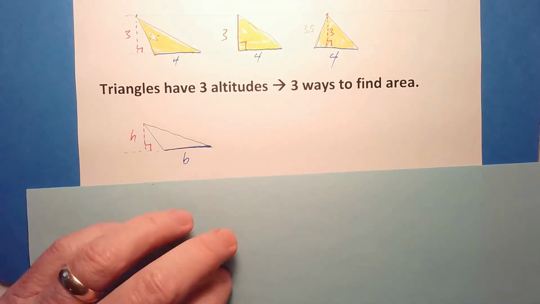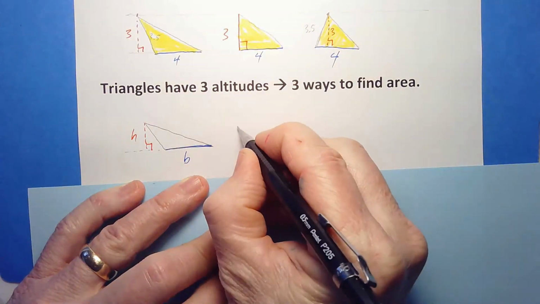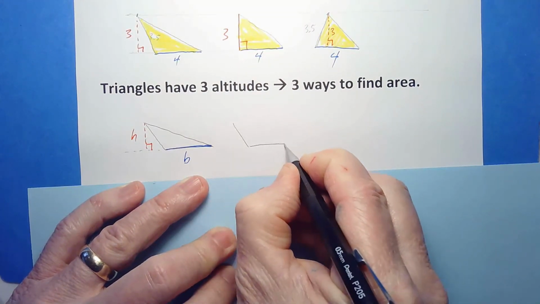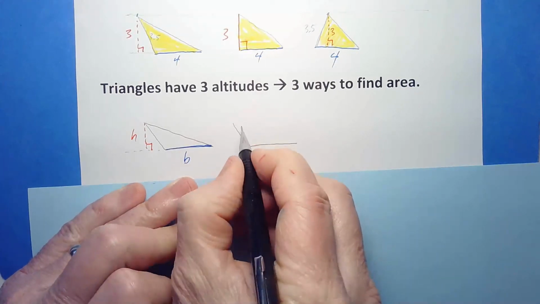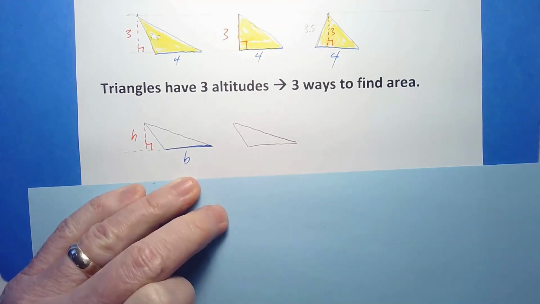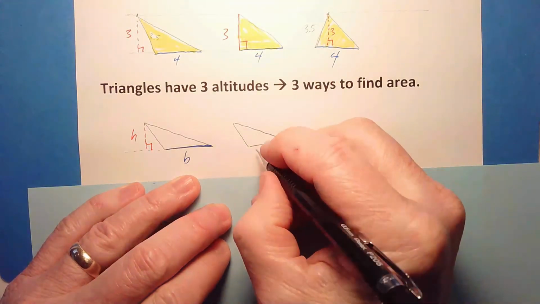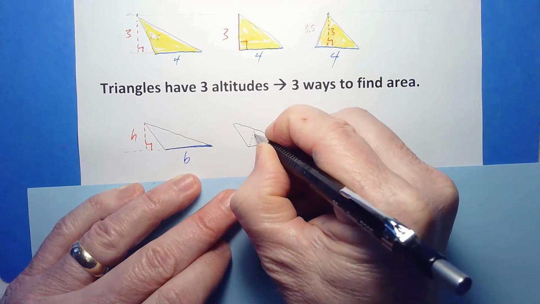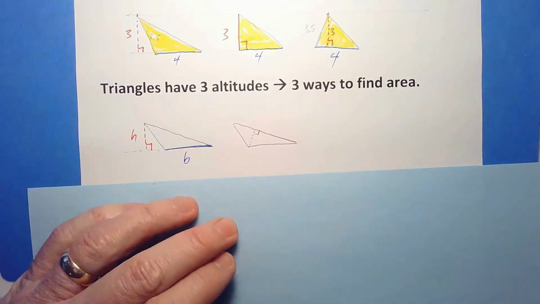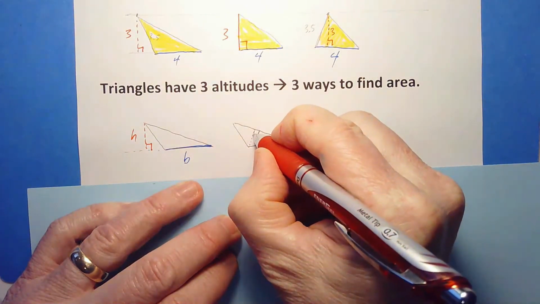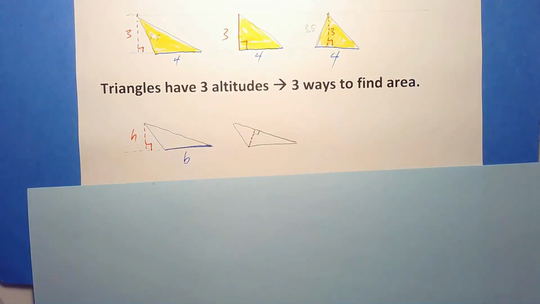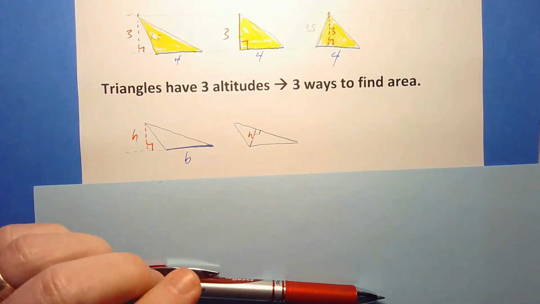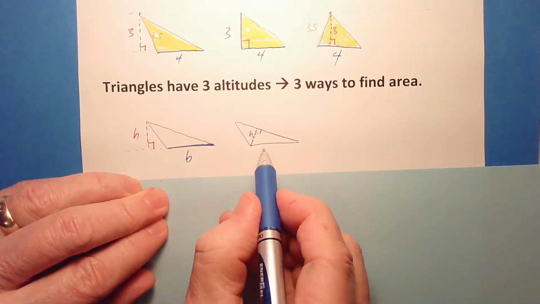Okay. But it turns out I could have also thought of the same triangle this way, couldn't I? Right, same triangle, but it turns out I'm going to use different distances depending on which height, sometimes we call it the altitude, we use. Now, if I was to go from this vertex down, right, to here, okay, and use that as my height, this distance right here, well, okay, now I'm calling this distance my height, but to do that, this is no longer my base, is it?